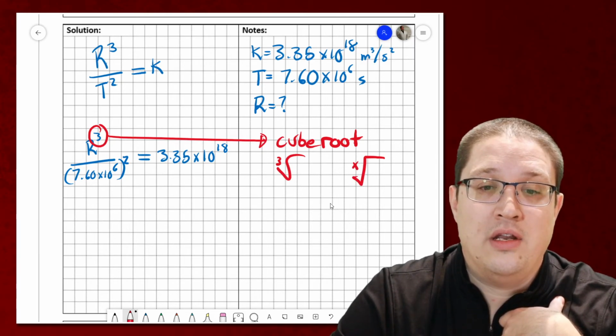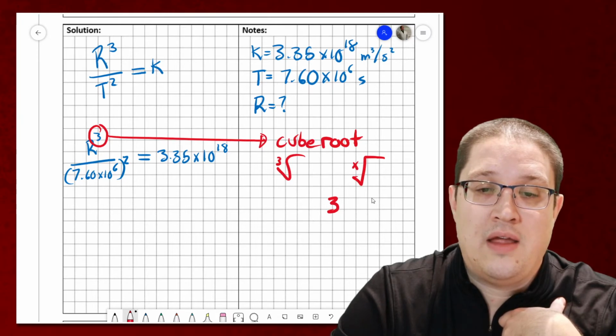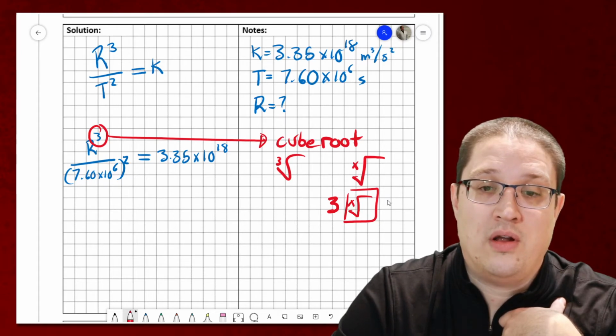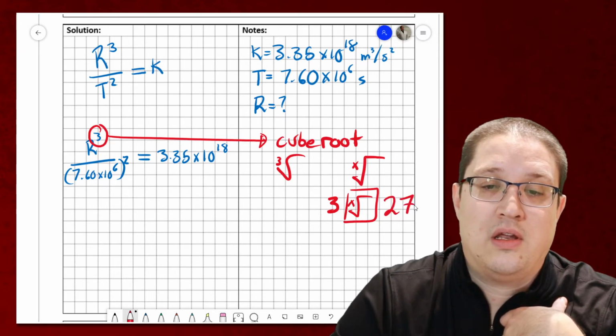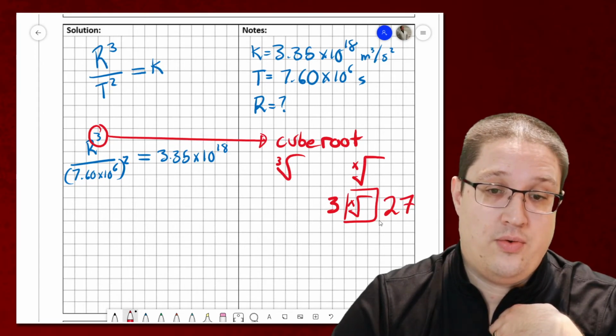Generally, on your calculator, you would enter 3 and then hit that button and then type in the number that you're wanting to take the cube root of. So, for example, the cube root of 27 would be 3.